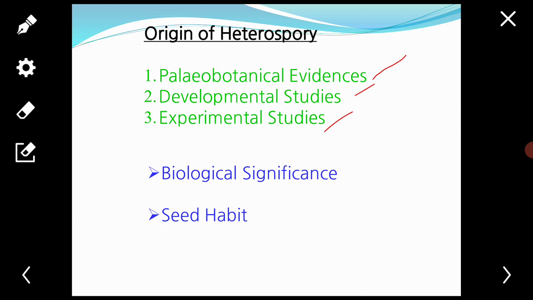According to Williamson and Scott in 1894, two species of Calamostachys form the initial stage that might lead to heterospory.